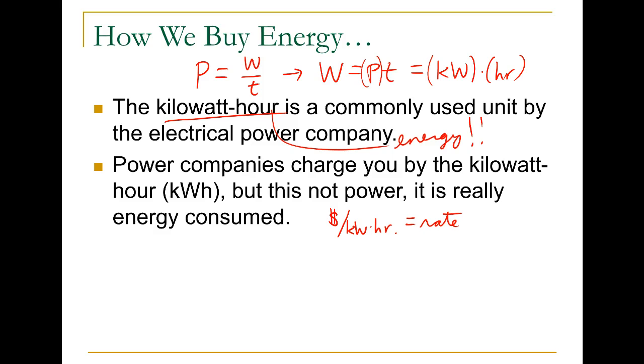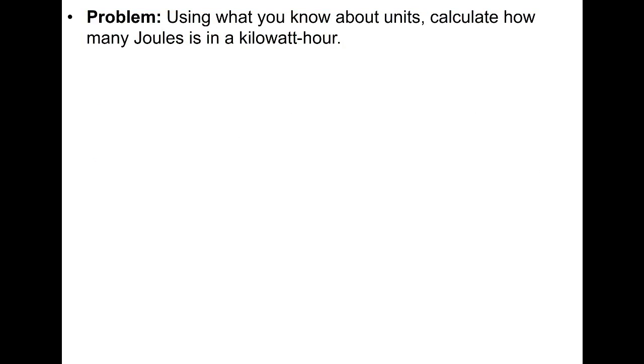Okay, so let's find out how many joules there are in a kilowatt hour. So 1 kilowatt times hours is actually 1,000 watt hours. But now let's convert that. And we know that 1 hour is 3,600 seconds.